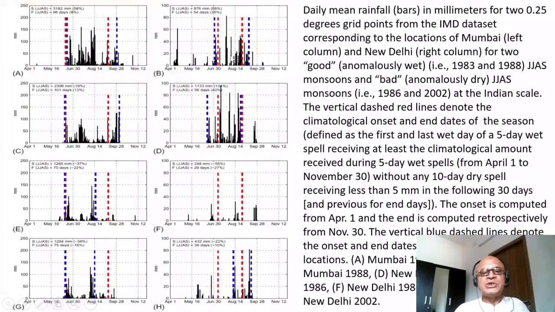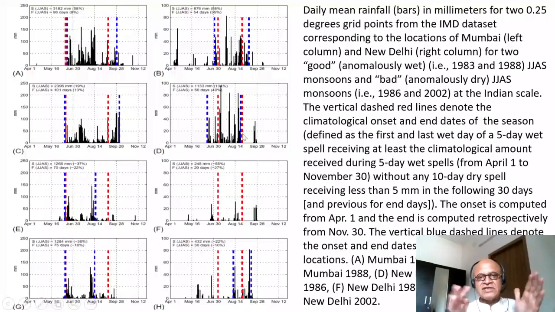Whereas the relation is not so simple for Delhi. So in Delhi, the normal or wet year of 1983 had a slightly earlier onset than long-term mean and a slightly later withdrawal, but here it had a much earlier onset and withdrawal happened at the same time.